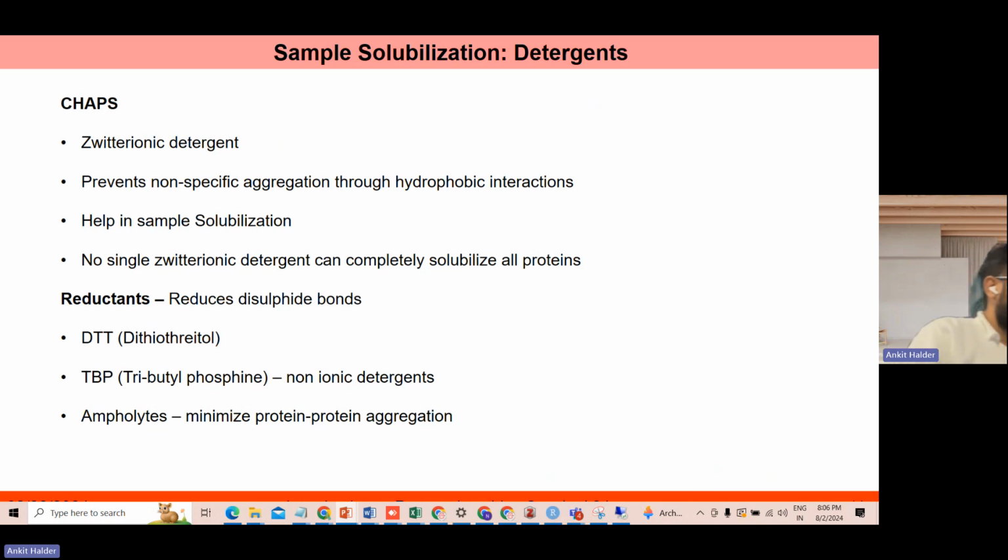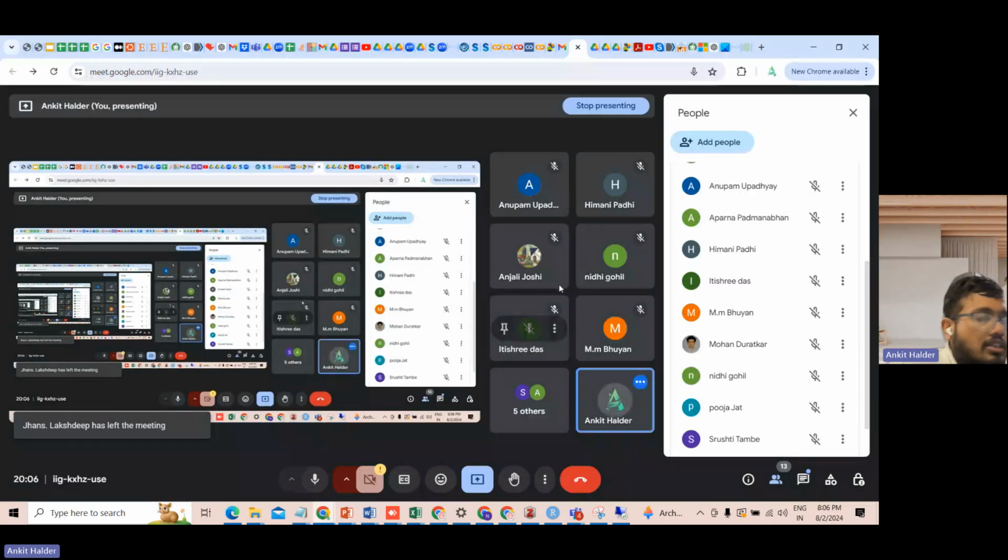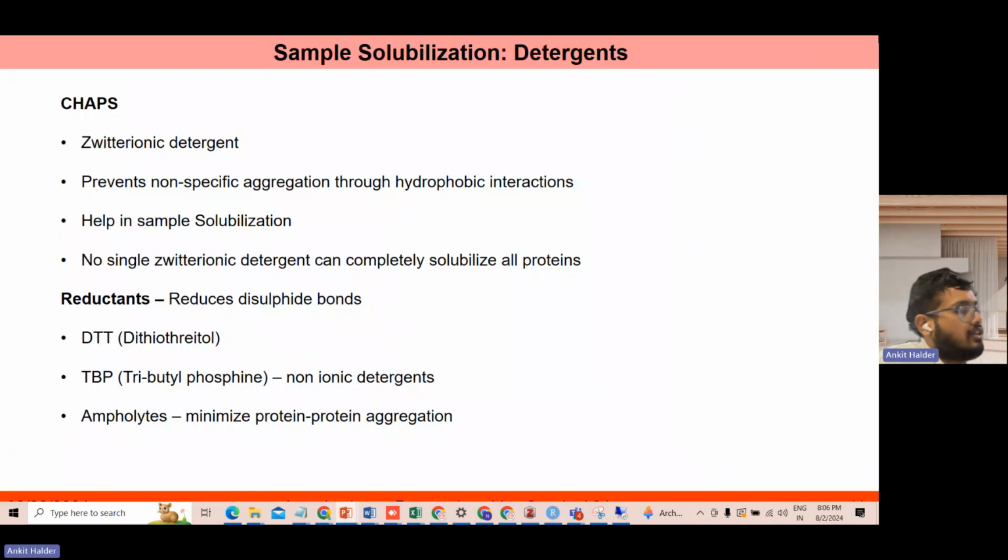I think all of you are familiar with the term zwitterions or zwitterionic, because we have already gone through such things in the previous week, right? So CHAPS is a zwitterionic detergent, and it prevents non-specific aggregation through hydrophobic interaction.